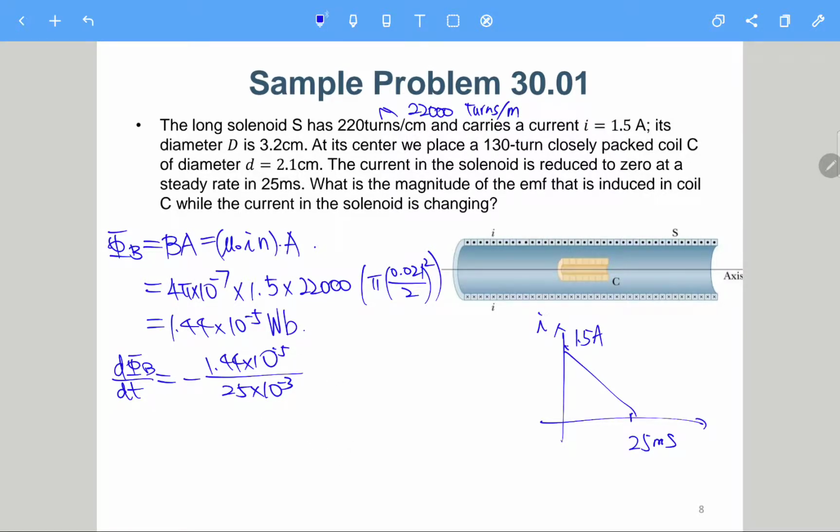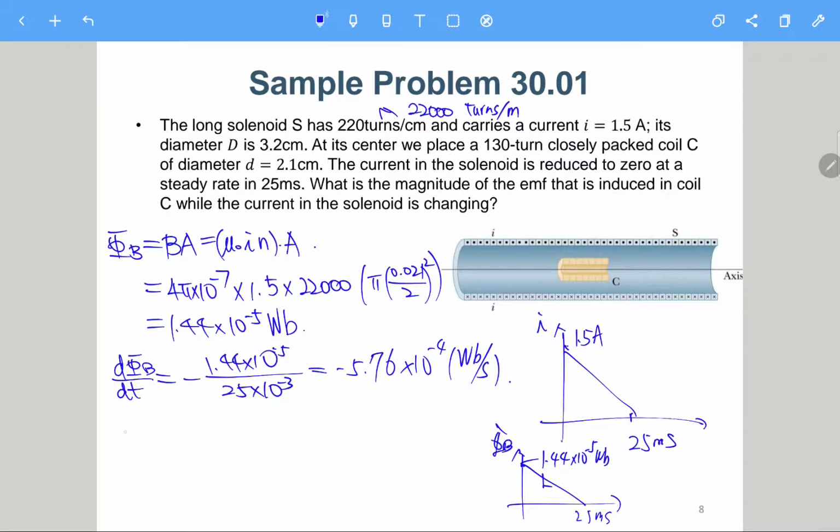So this is I, it will reduce like this. And likewise for phi B, from 1.44 times 10 to the minus 5 Weber, and it takes 25 milliseconds to reduce to 0. So this is the rate of change. This value is minus 5.76 times 10 to the minus 4th power Weber per second.